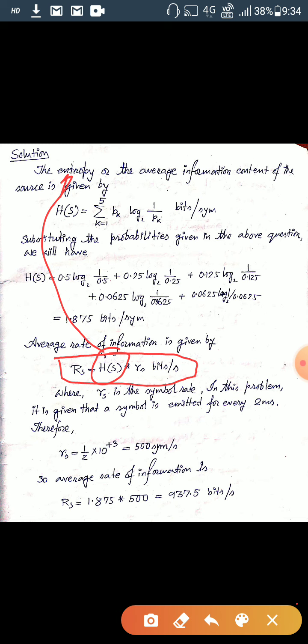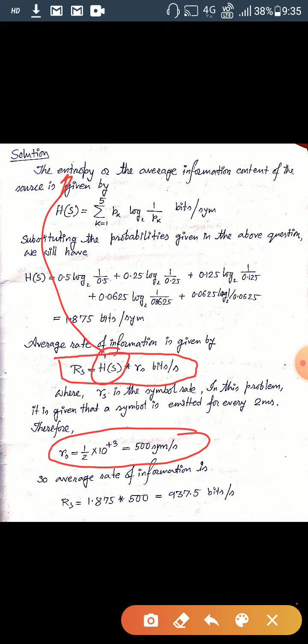So what will the rate be? 1 by 2 millisecond. That means the symbol rate will be 500 symbols per second. It is the r(s) value.